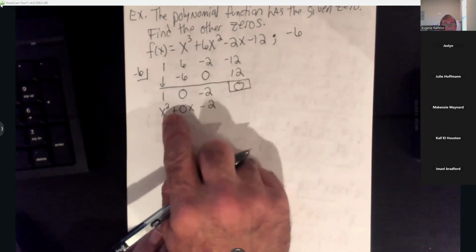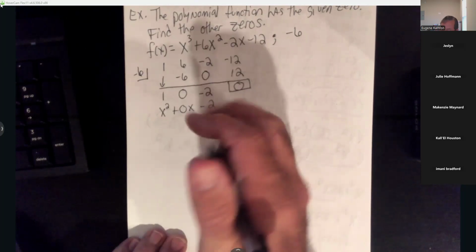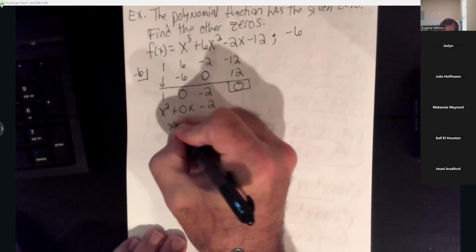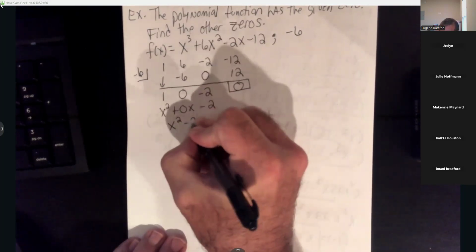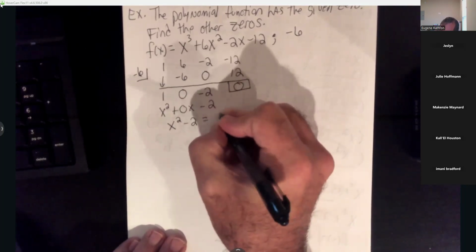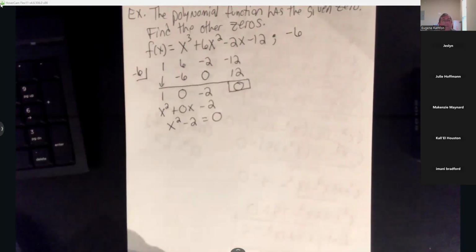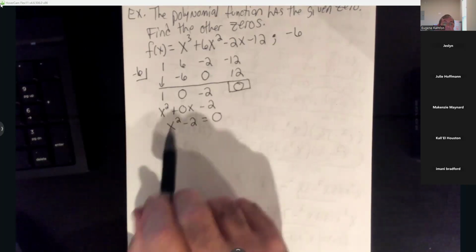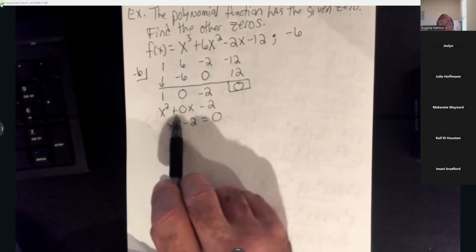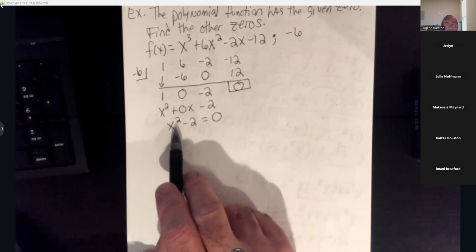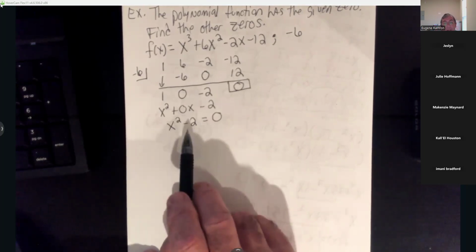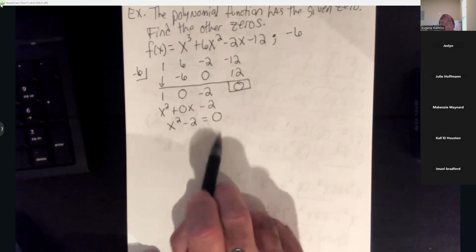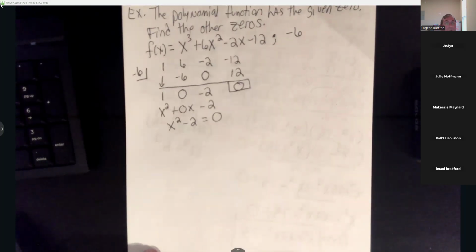But look at this: x squared plus 0x minus 2 is actually x squared minus 2. I'm going to set that equal to 0 and solve it without the quadratic formula. Since that's a 0x, it goes away, and you're left with x squared minus 2. Easiest way to solve this: add 2 and do the square roots.